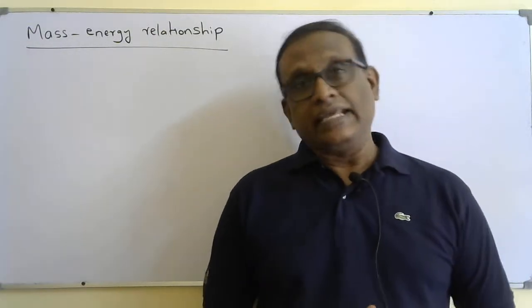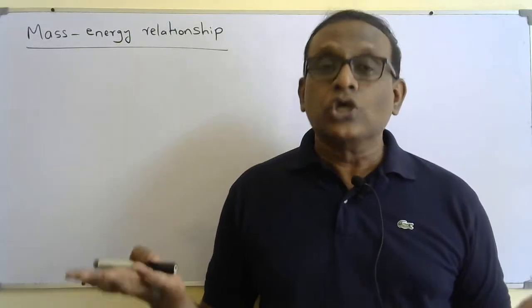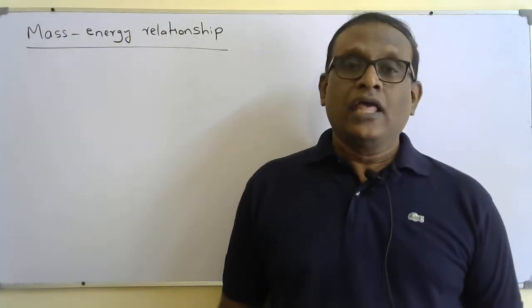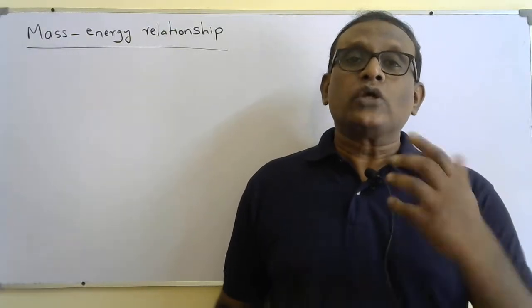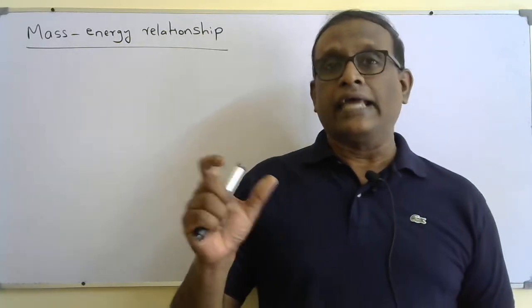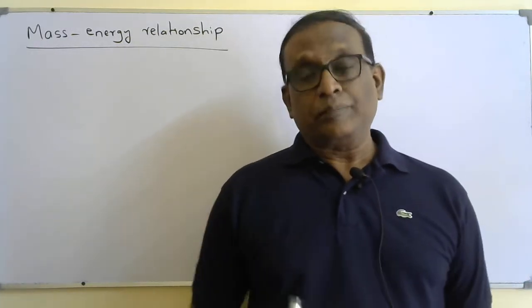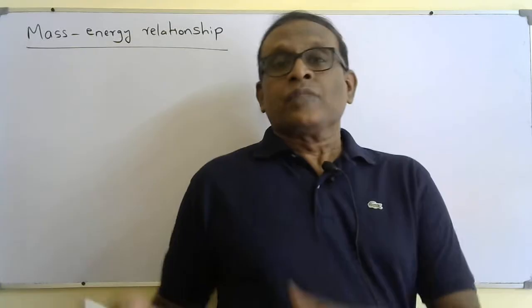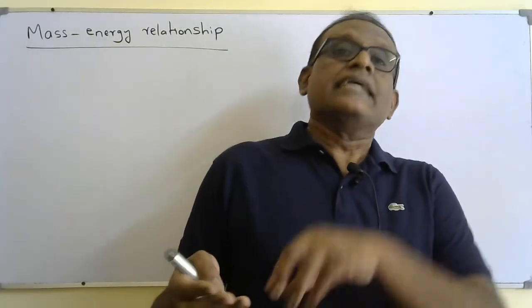There are many evidences. For example, during radioactive decay, the total mass of the products is always lower than the mass of the parent nucleus. What happens there? The mass is destroyed.